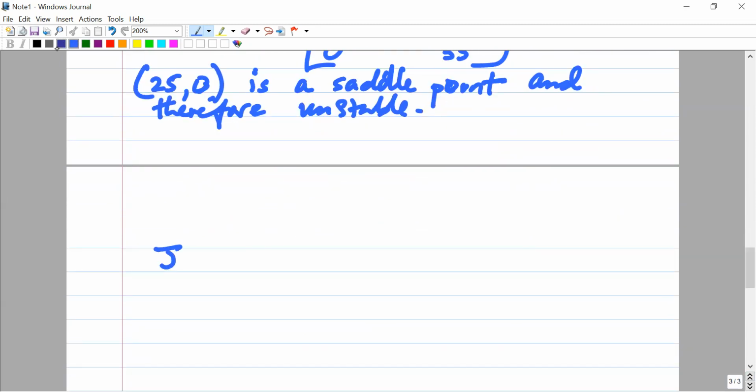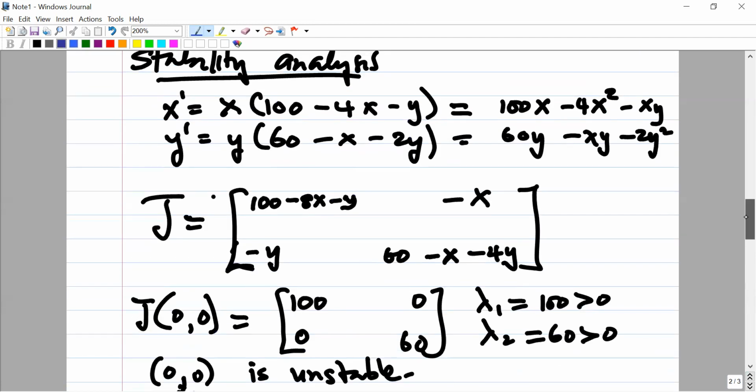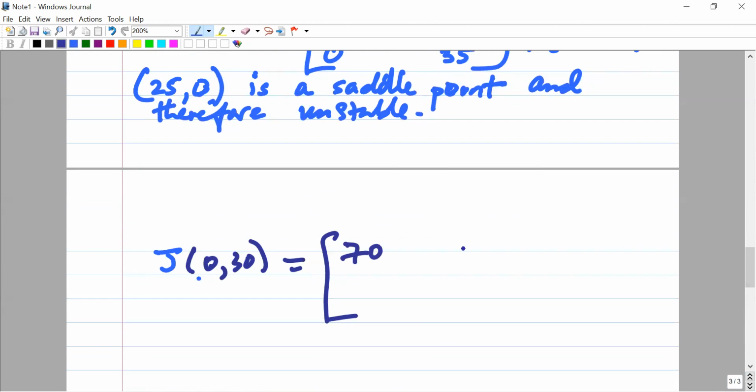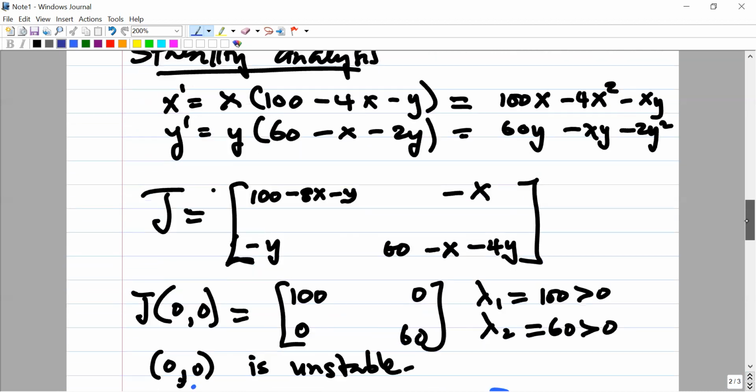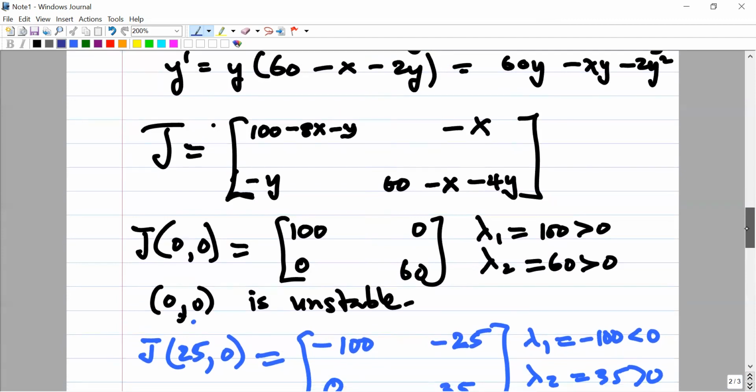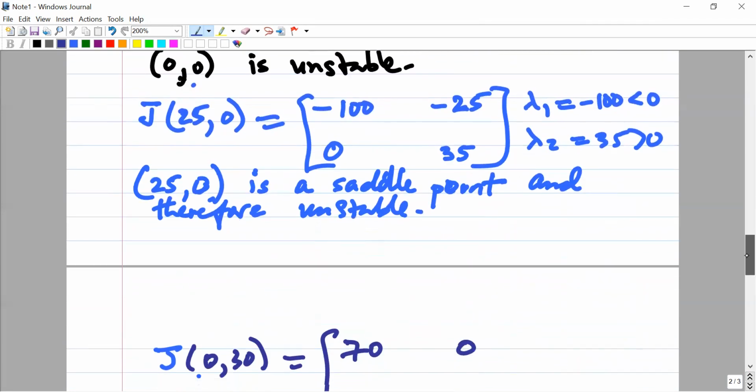Then let's do the other one: J at 0, 30. X is 0, then 100 minus 30 is 70. Then we have a 0 there, and minus 30 here. And then 60 minus 30 times 4, minus 120.